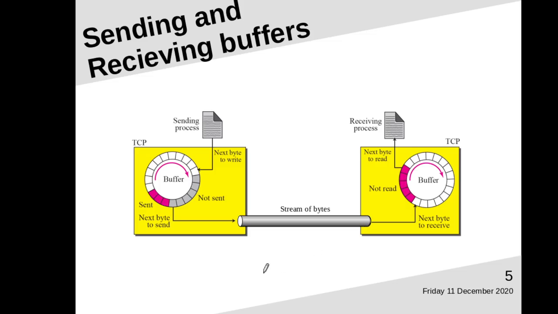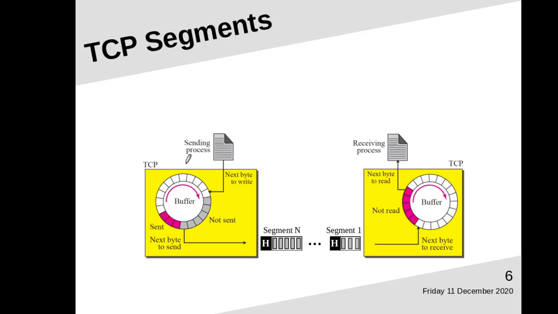So the other thing you have to know is the segment. Although buffering handles the disparity, I should say the rate here and the rate here differ, right?